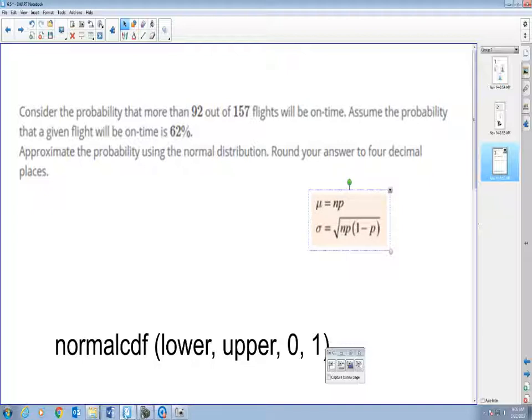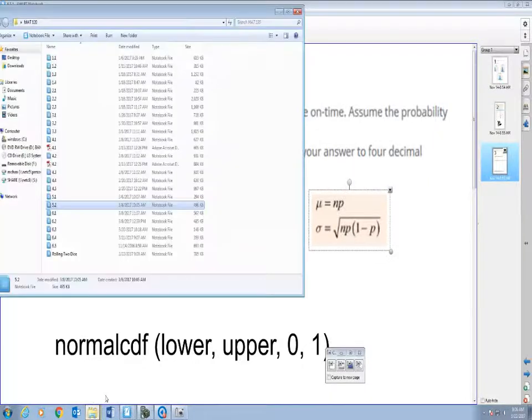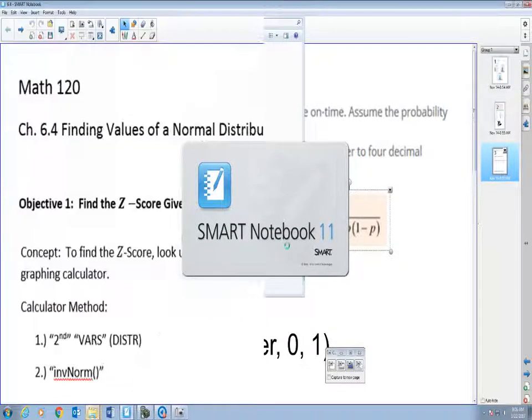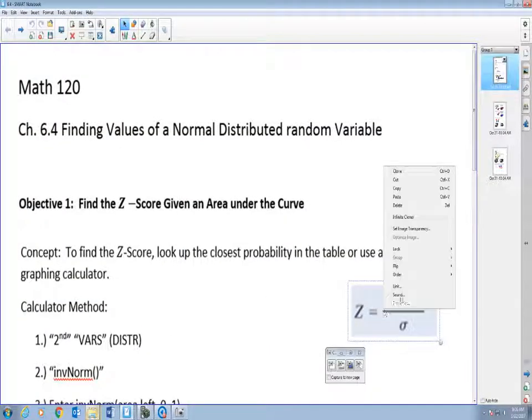So for me to find the z-score, as you can recall from our previous 3 lecture videos, how do I find the z-score, which is this formula right here.